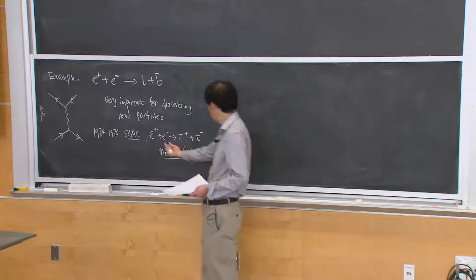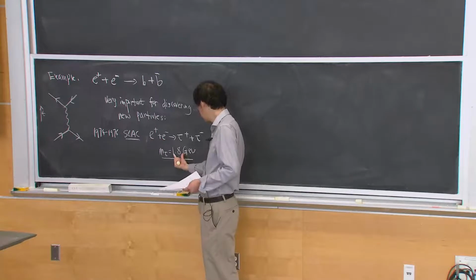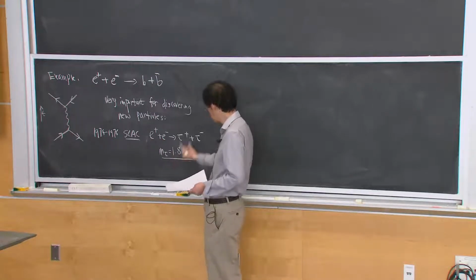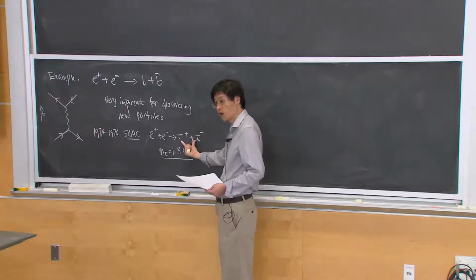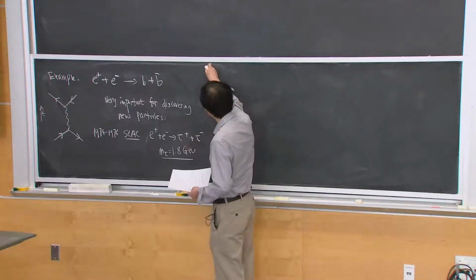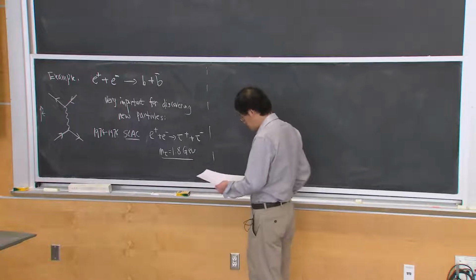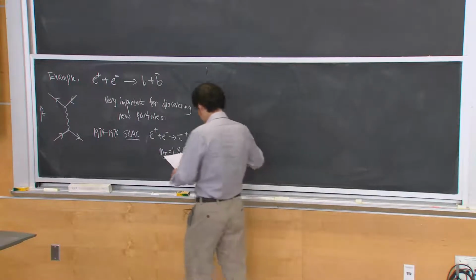When your total energy is greater than twice 1.8 GeV, then you can in principle create this tau plus and tau minus.